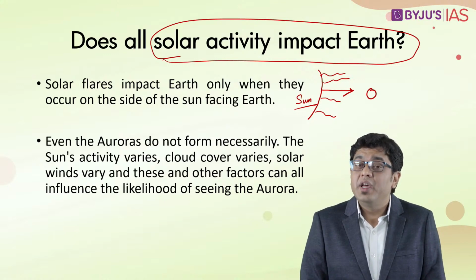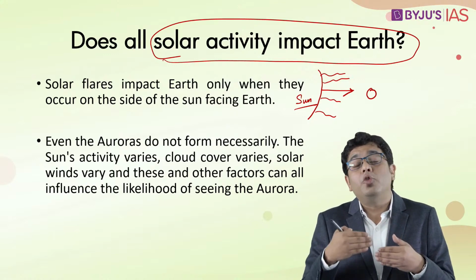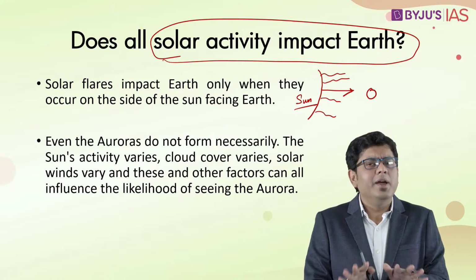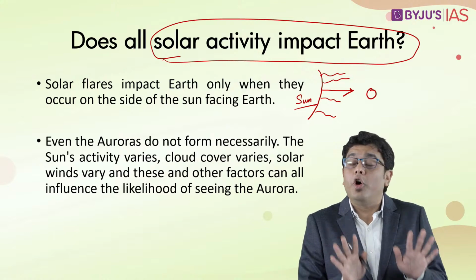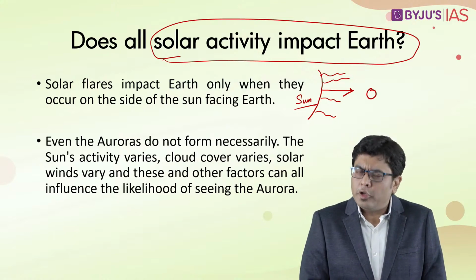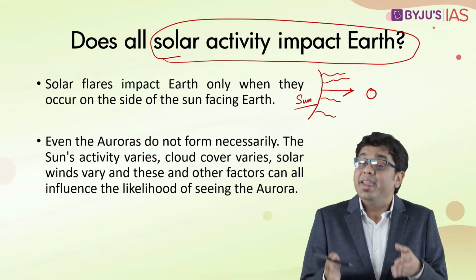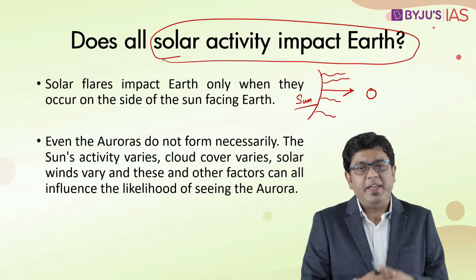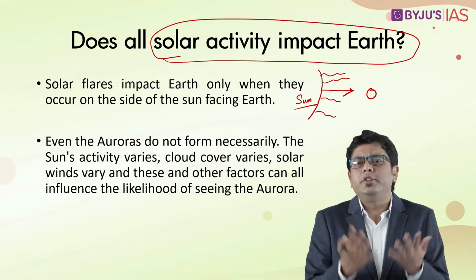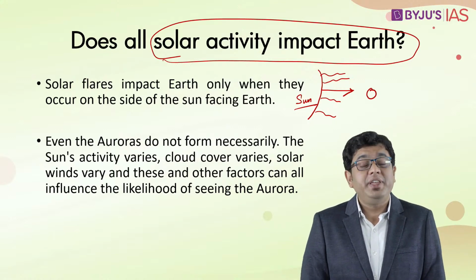Sometimes there is a very thick cloud cover in these areas, which again discourages the formation of these lights. So the formation of auroras depends upon many variables. Only when all these variables align together are we able to see a lighted sky.